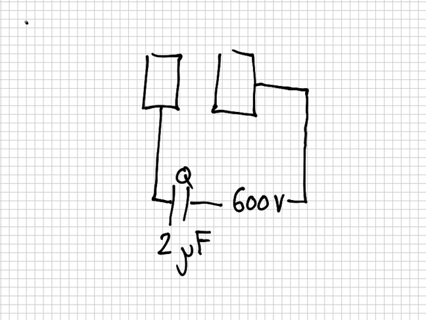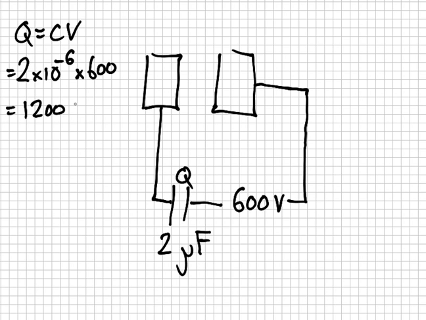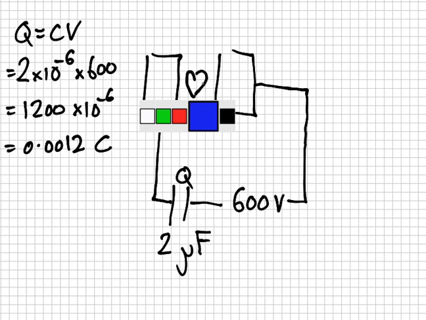Q equals CV. That's 2 times 10 to the minus 6 times 600, which is 1200 times 10 to the minus 6. That's 0.0012 coulombs of charge. And we'll put the person's heart in the middle here.